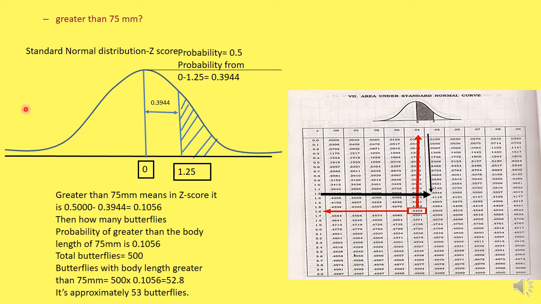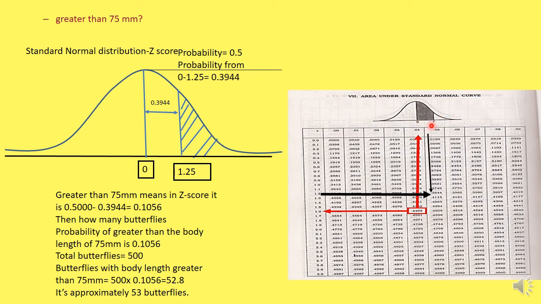One half is 0.5 probability and the other half is 0.5 probability. Here there is 0.5 probability on the plus side. Then from 0 to 1.25 in Z-score, we get the value from the table.